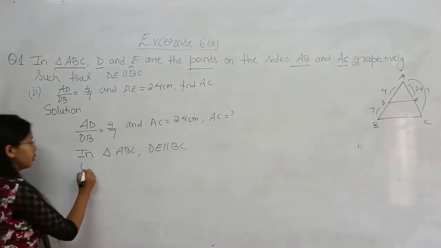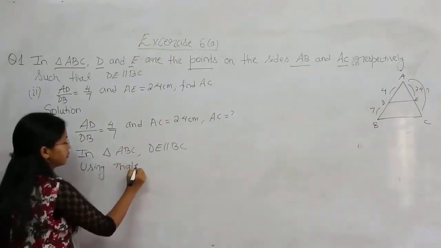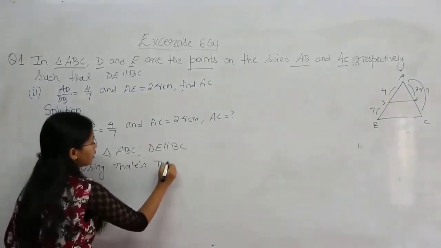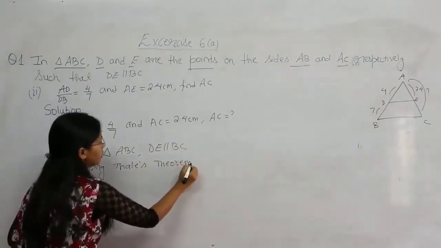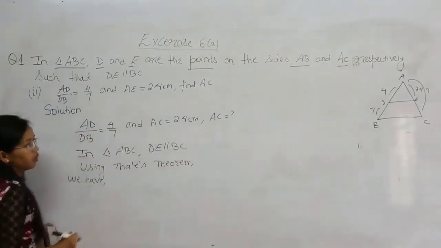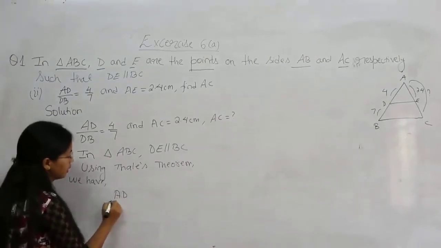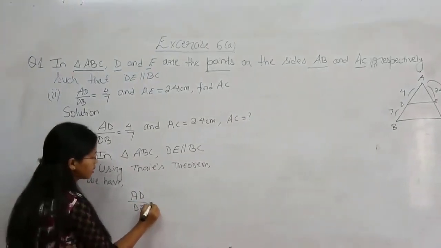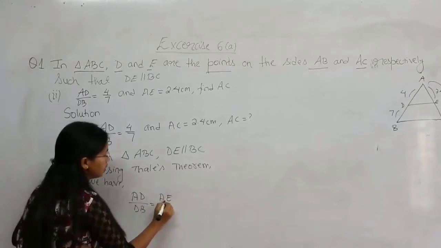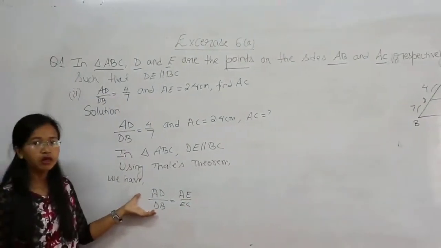So here, using Thales theorem, we have AD by DB is equal to AE by EC. This is from the statement of the theorem.